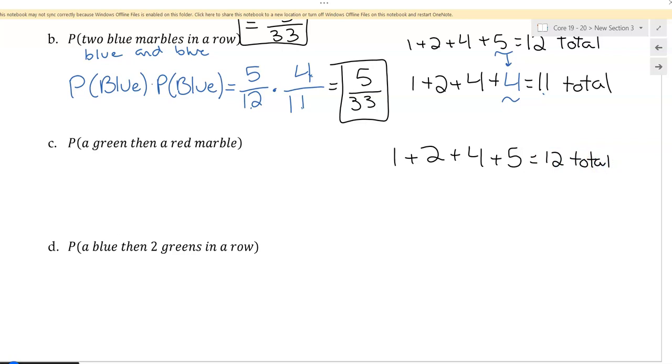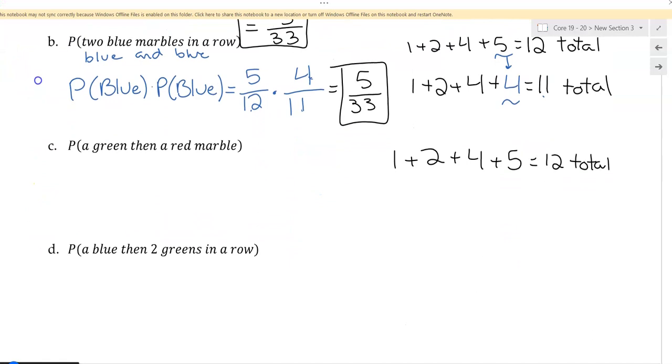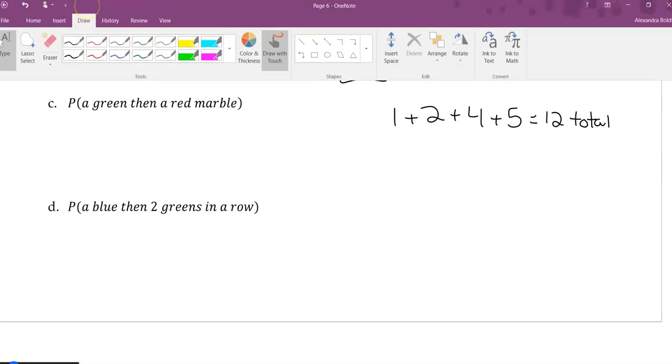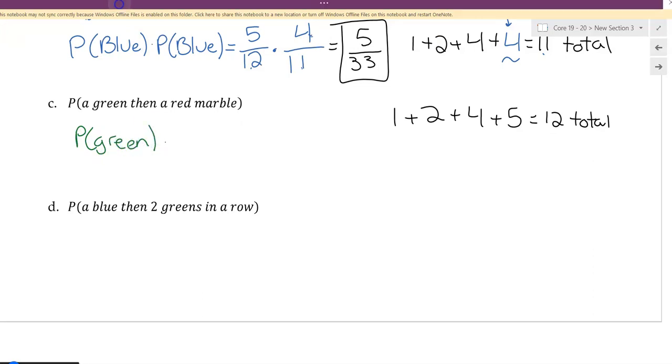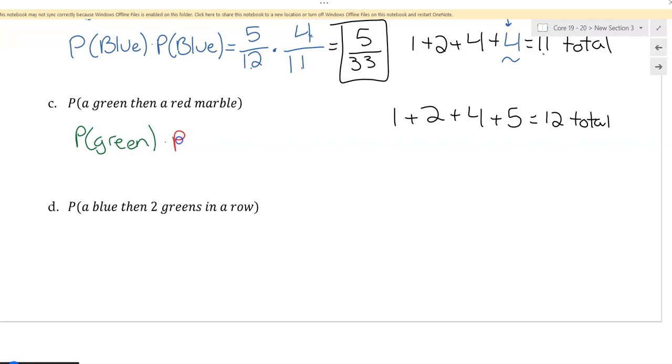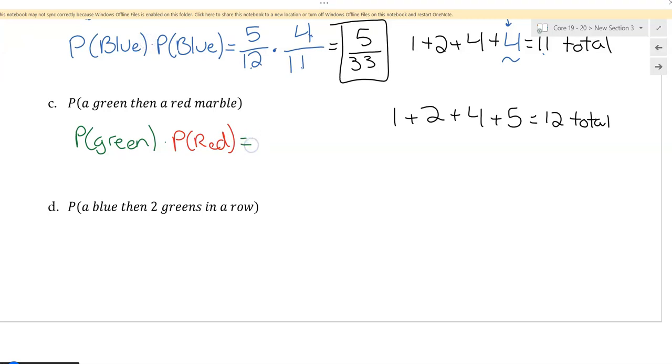Okay, so how many of those are green? We have 2 green marbles. So this is the probability of green times the probability of red. Well, 2 of them are green, so that's 2 out of 12.